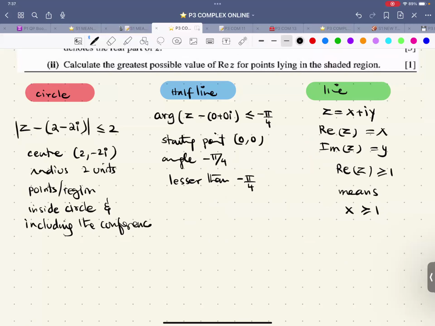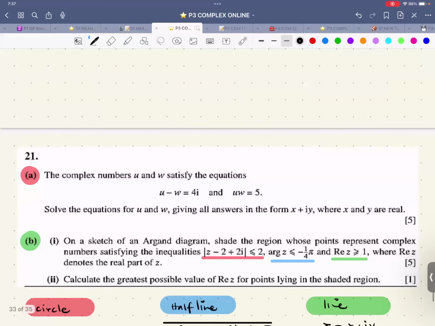The same goes over here. Points are inclusive. Over here, points are inclusive. What do I mean by that? When we say greater than or equal to, lesser than or equal to, that is a solid line. And when we simply say greater or lesser, that is a dotted line.